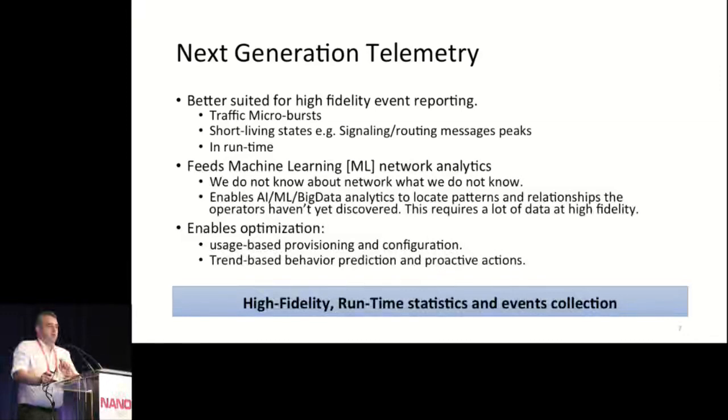So we need an infrastructure which allows us to better deal with short-lived events, with microbursts, and which provides the data in runtime, or as close to runtime as possible, because only then can we benefit from machine learning or big data analytics to find relationships in the data.